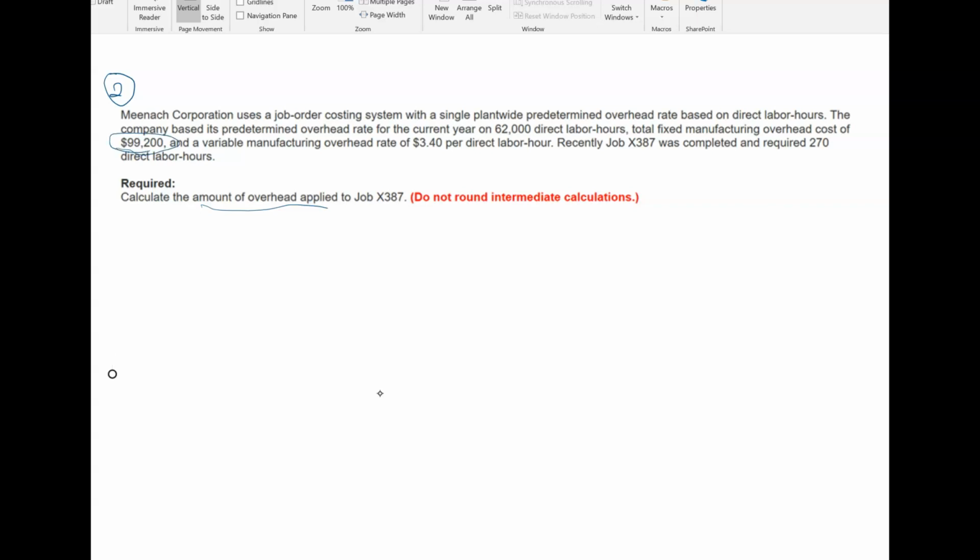The formula for the total overhead is the fixed overhead plus the variable overhead. The variable overhead is $3.40 times the allocation base of direct labor hours, and there are 62,000 direct labor hours.